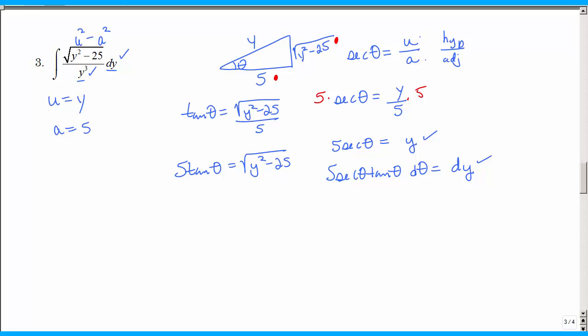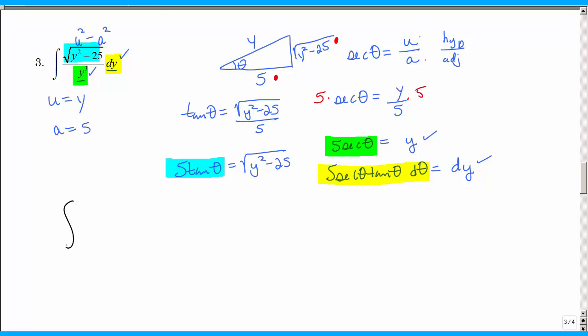So I'm just filling in at this point. Okay, so I need to know what dy is, all of that. I need to know what y cubed is, so I know what y is. I'm just going to have to cube it, and then I need to know what that square root is, and I have that.